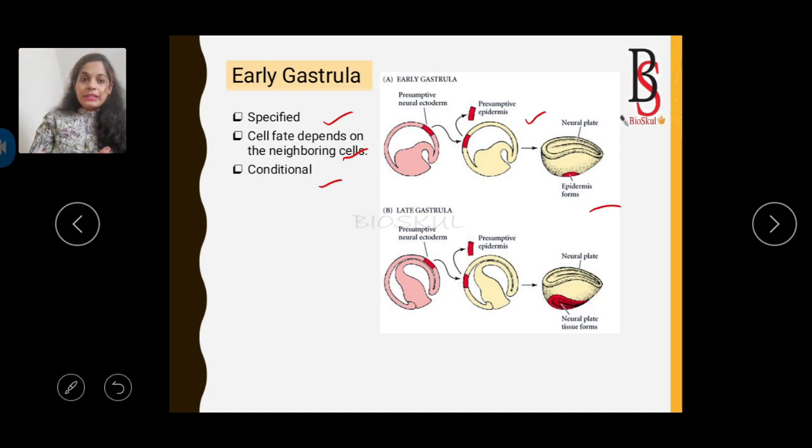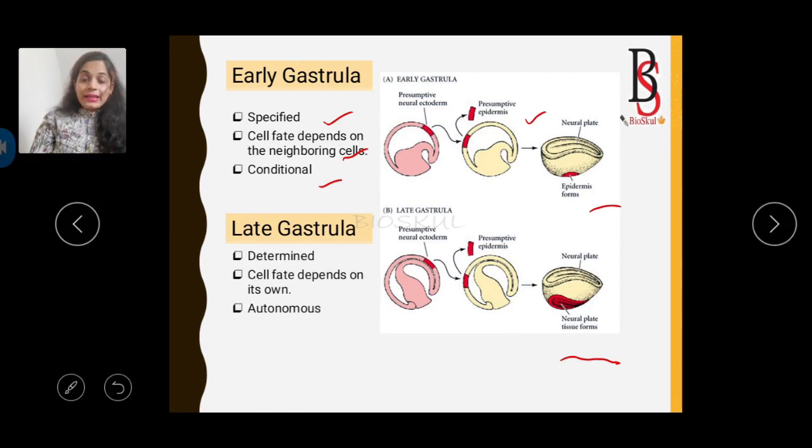The early gastrula cells are the specified ones. Now the late gastrula. In the late gastrula, what happens? Similarly, the neural ectoderm was taken and placed into the presumptive epidermis region. But it forms the neural plate instead of the epidermis.